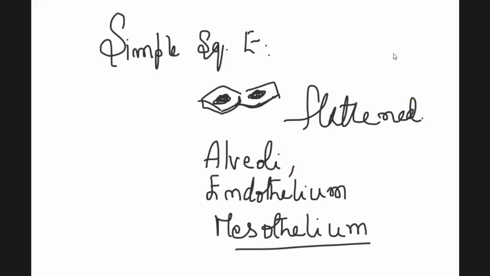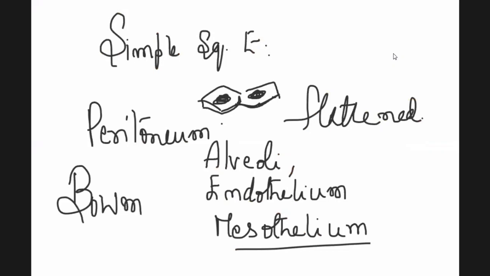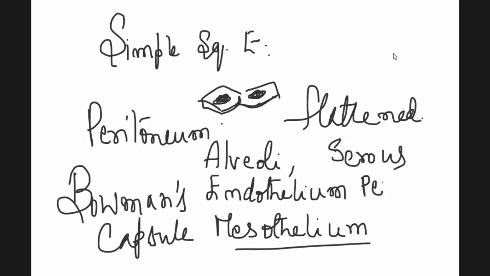Mesothelium is covering the cavities, right? Peritoneum refers to coelomic epithelium. Then it is seen in the Bowman's capsule also. These are the locations. And in the heart, it forms the serous pericardium, an outer covering layer with a fluid for shock absorption.